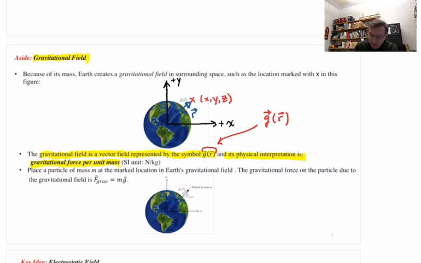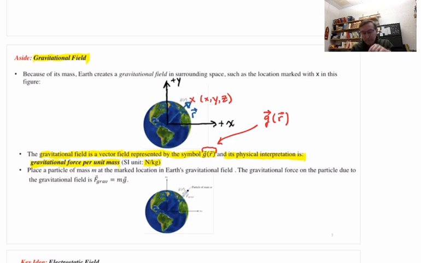Note then the SI unit of gravitational field would be the unit of force divided by the unit of mass, Newton per kilogram, which is equivalent to a meter per second squared. But it's more telling to say Newton per kilogram because gravitational field is, in essence, by definition, gravitational force per unit mass, Newton per kilogram.